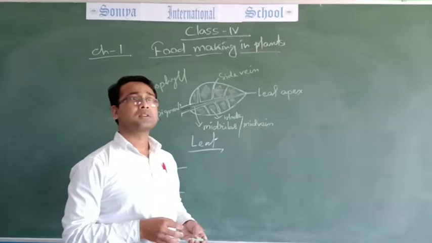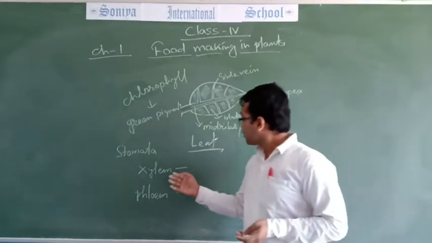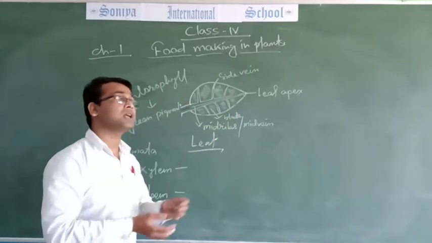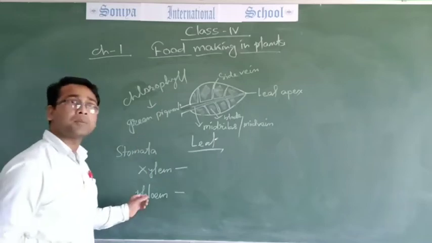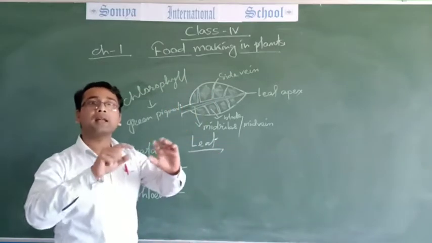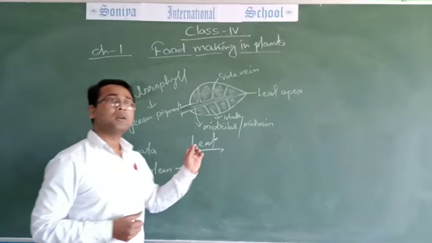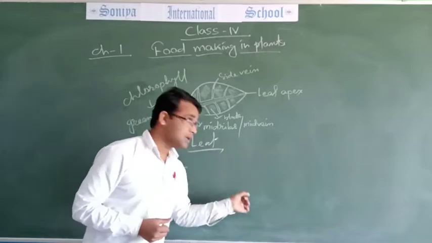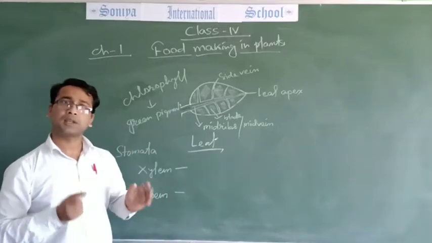Xylem carries water and minerals to the leaf, and phloem carries the food made by the plant and distributes it to other parts. Is that clear?